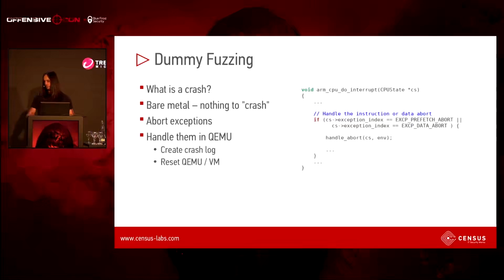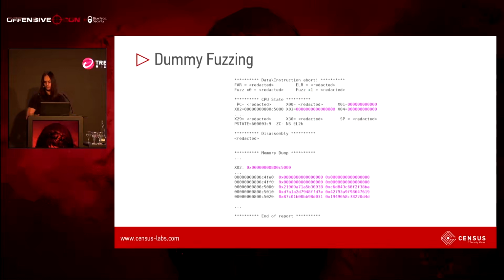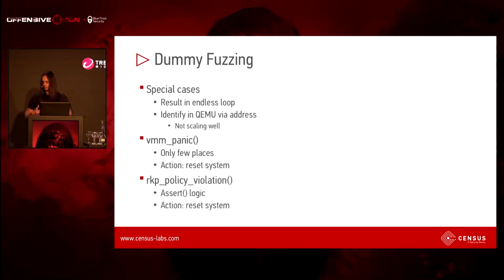For example, here we have instruction abort and data abort. And in our function, we create a crash log and reset QEMU to resume with the execution. This is a sample crash log, and we're going to see more details about it next. So don't worry about it.